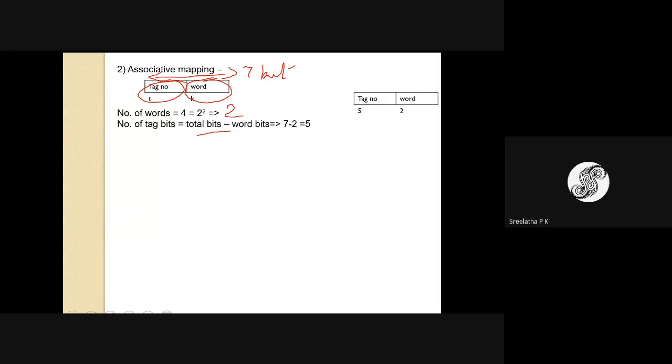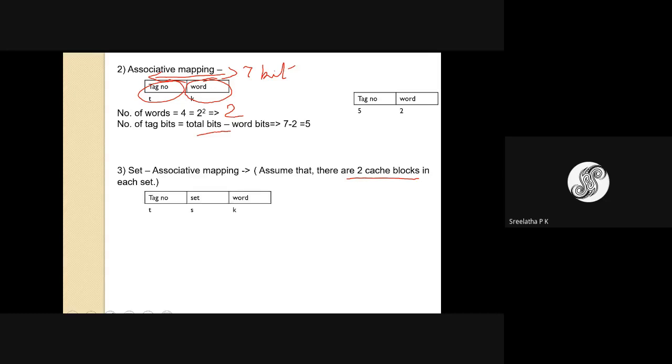Next is set associative mapping. In the question, it is not given how many blocks make up one set in the cache. So it is assumed that 2 cache blocks form a set. This is the structure of the set associative mapping cache memory address.